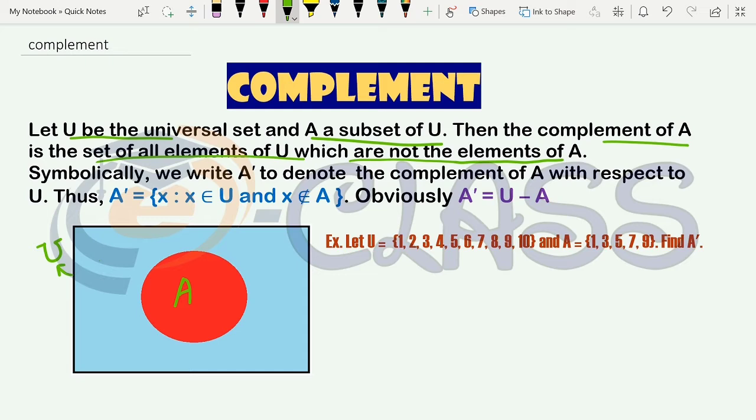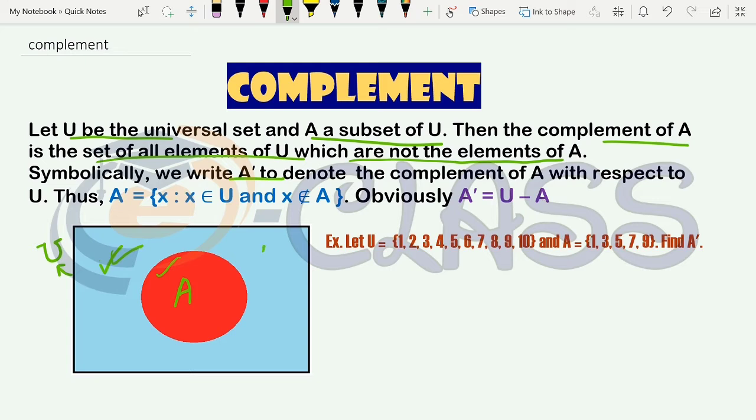This area is also a set which contains all the elements of U but does not contain the elements of A. It's called the complement of A, and we denote it by A prime or A dash.